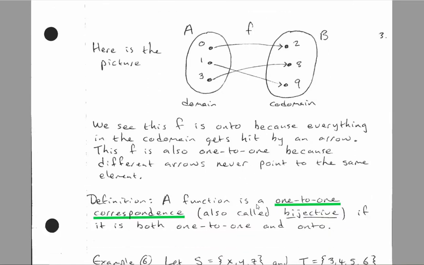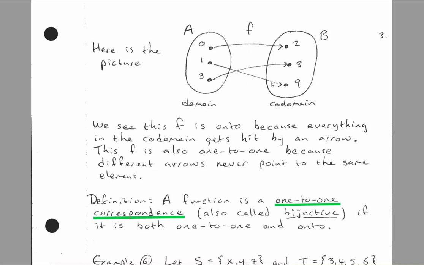One more definition. A function is called a one-to-one correspondence, also bijective, if it is both one-to-one and onto. So this f here is a one-to-one correspondence.